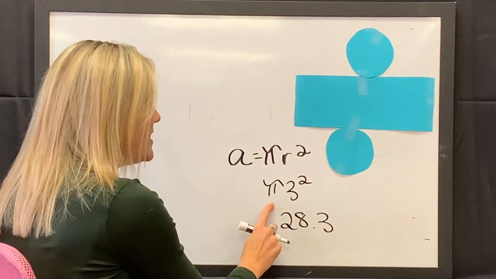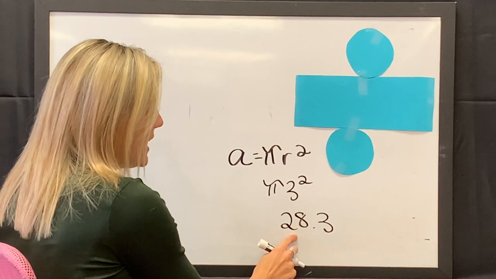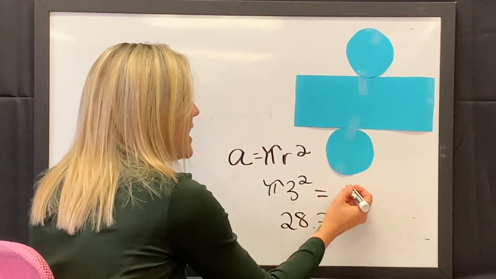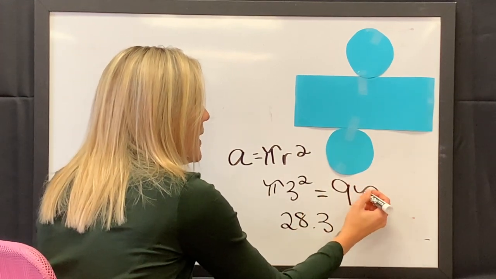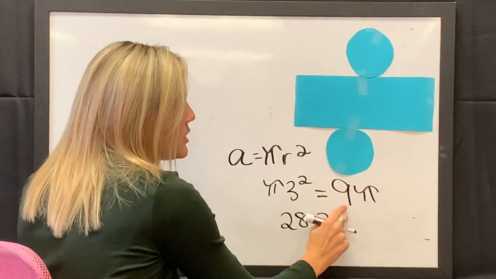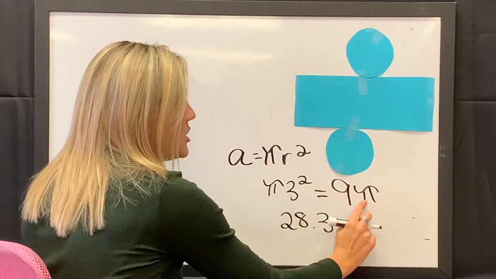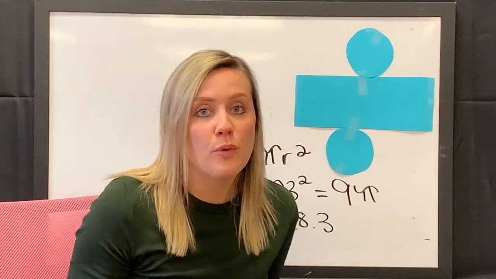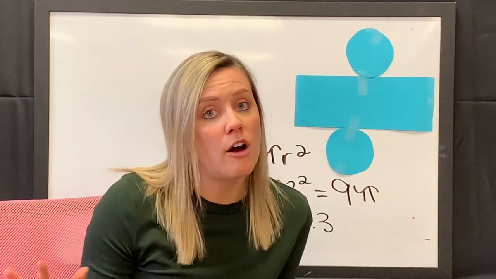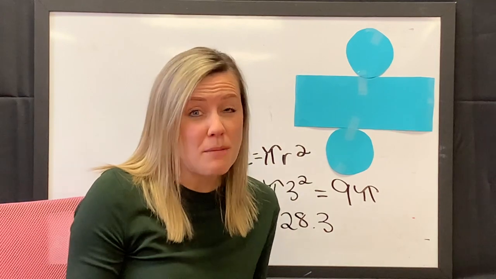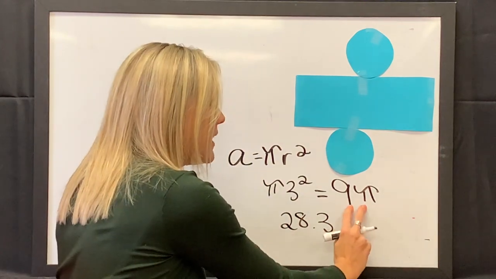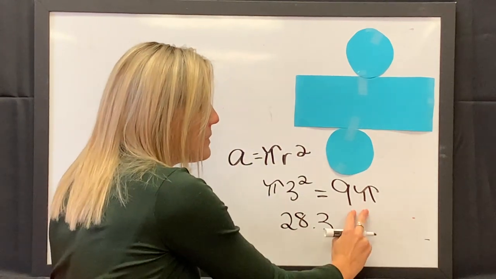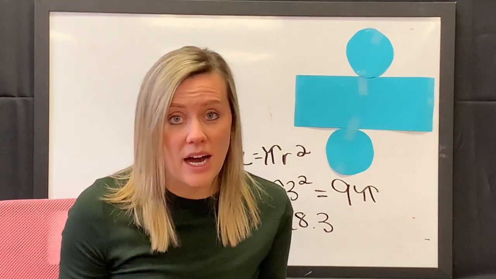Now, if I didn't want to find out what the rounded answer is, I could also write this as 9 pi, okay? 3 times 3 is 9, and then I could just keep that pi there. Now remember, pi is the number 3.14, and it goes on and on and on forever. So sometimes, instead of multiplying these and rounding them, sometimes we just keep it 9 pi.